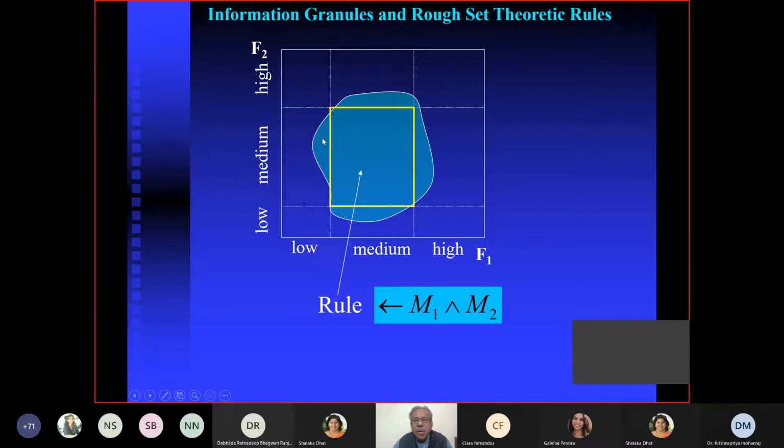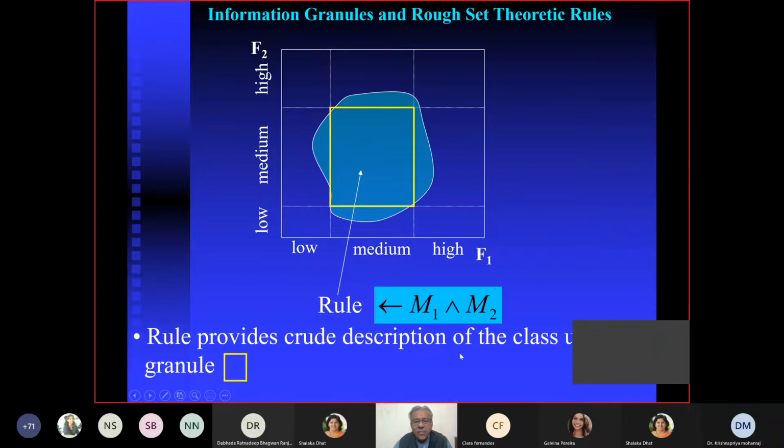So this is a compact object. If the object is elongated, then you get more than one such rule. The rule which characterizes this region is called a granule, an information granule. Once you have an information granule, you can throw away the other information, and you can call it an information representation, a class representation, a case representation, or a granule.